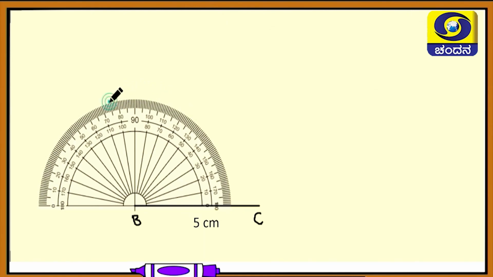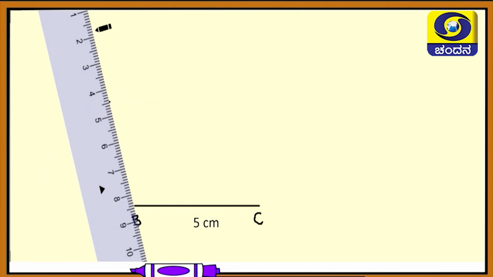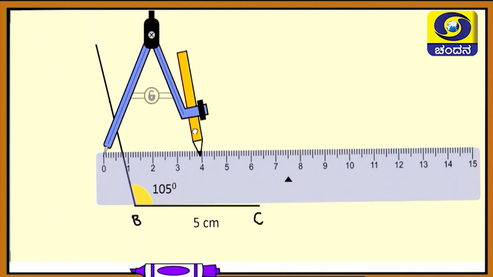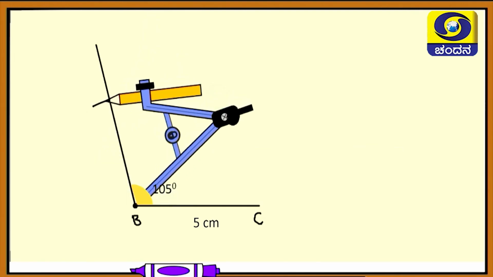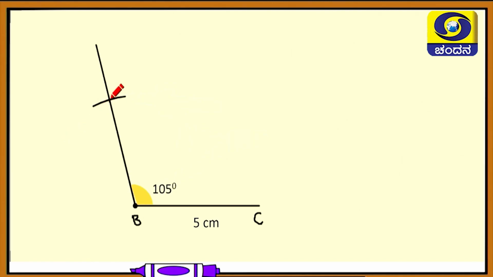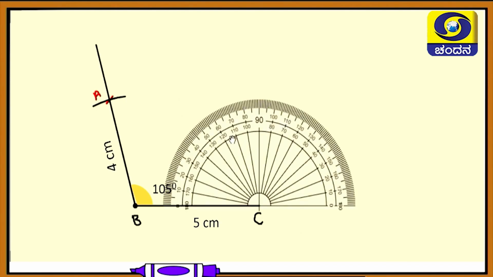Now I am marking a point, joining that point and extending that line. Again with the help of a pair of compasses, by taking 4 centimeter as radius, keeping B as center, I will cut that line. Yes, identify the intersection point. I am taking that as point A. Now BA is 4 centimeter.